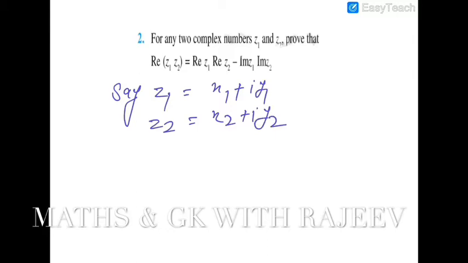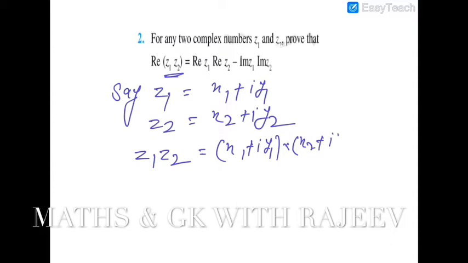Say z1 is equal to x1 plus iy1 and z2 is equal to x2 plus iy2. Now we have to find z1 into z2. So z1 into z2 is equal to x1 plus iy1 multiplied with x2 plus iy2.